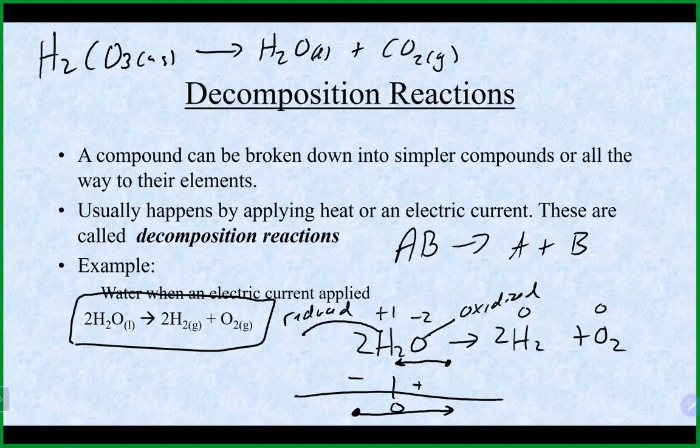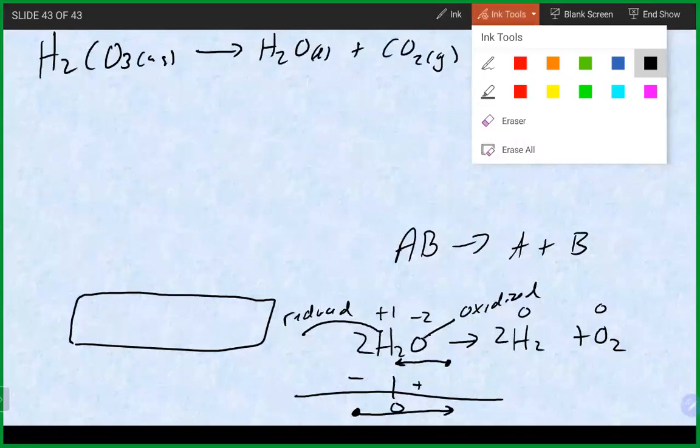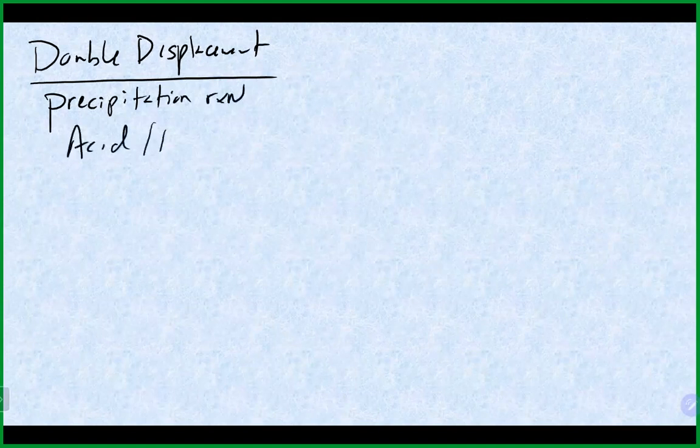Decomposition reaction there. So to summarize the different types of reactions and where they fall, if we look at our double displacement reactions, which is the big umbrella, underneath there more specifically you could have a precipitation reaction. You could have an acid-base reaction.